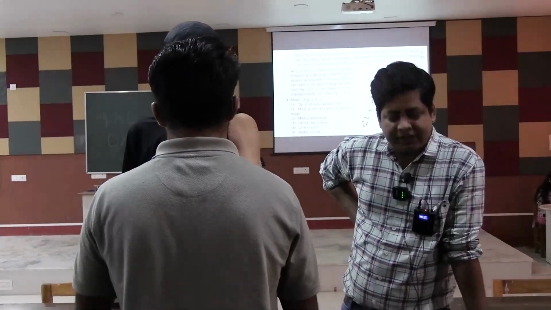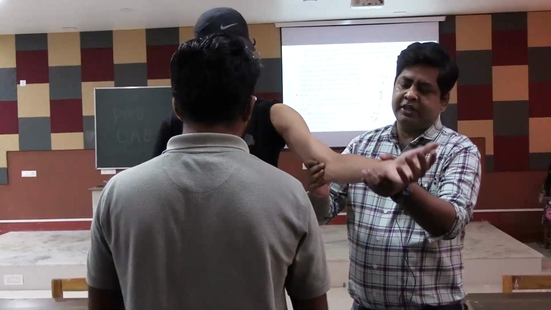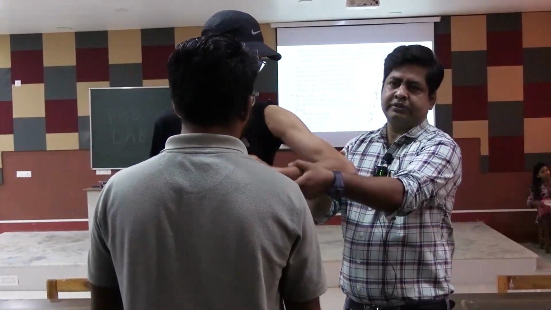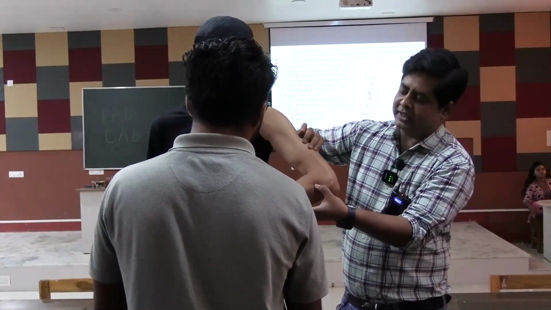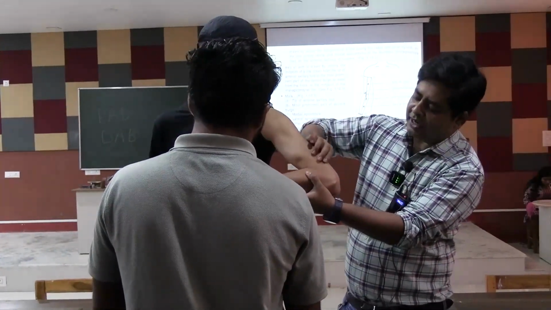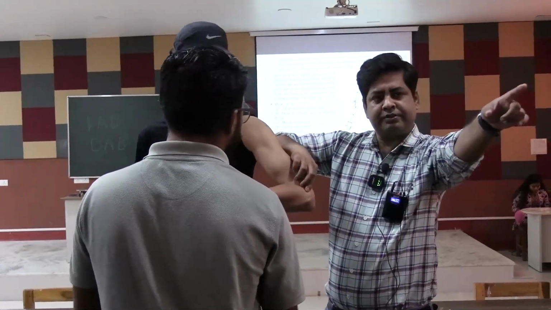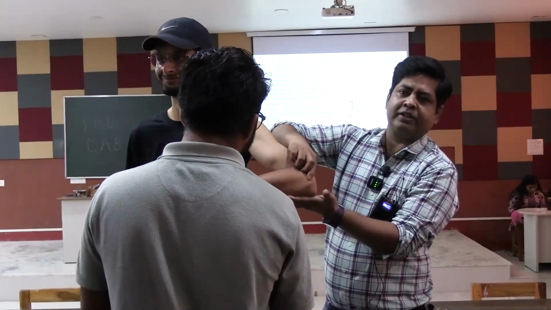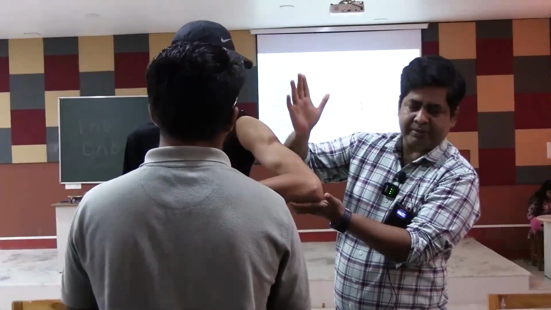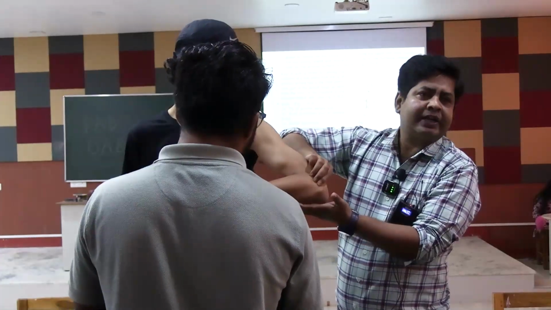Next are the medial epicondyle and lateral epicondyle. How do you determine them? Flex the elbow, then palpate from above, first from the lateral side, palpating downward. Do it yourselves: palpate from above to down, the first most bony prominence is the lateral epicondyle.